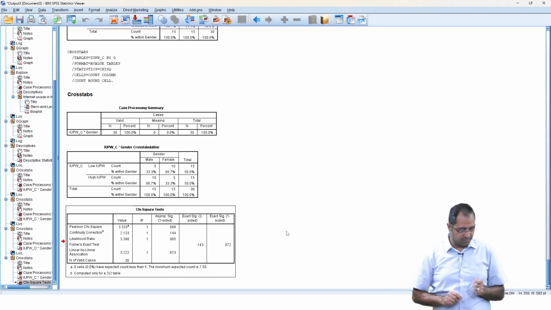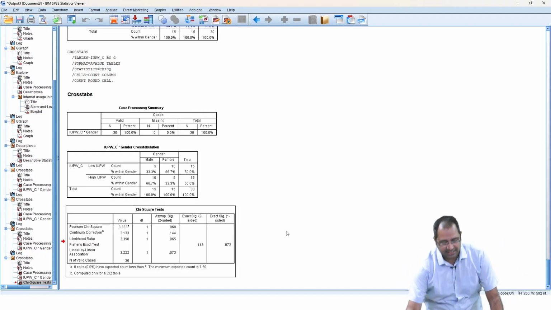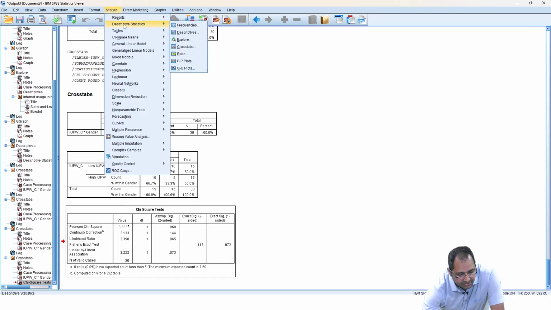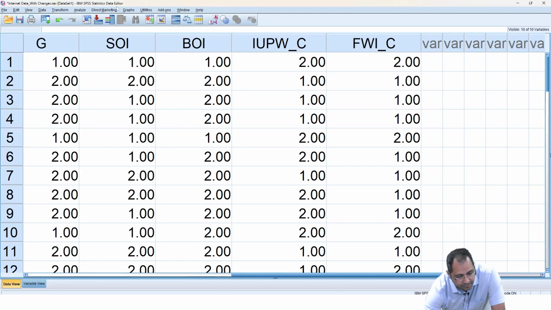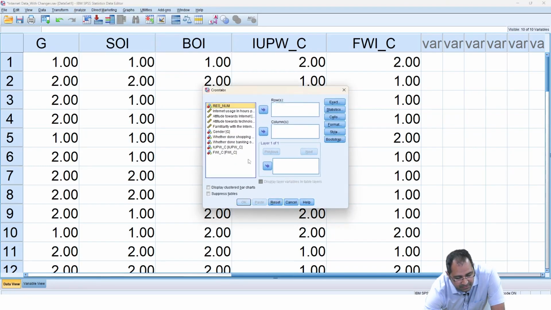Do the next one between familiarity and internet usage. Now familiarity and internet usage both are categorical. Go to analyze. The next one is 12th. Do a chi-square between familiarity and internet usage. So analyze, cross tabs.